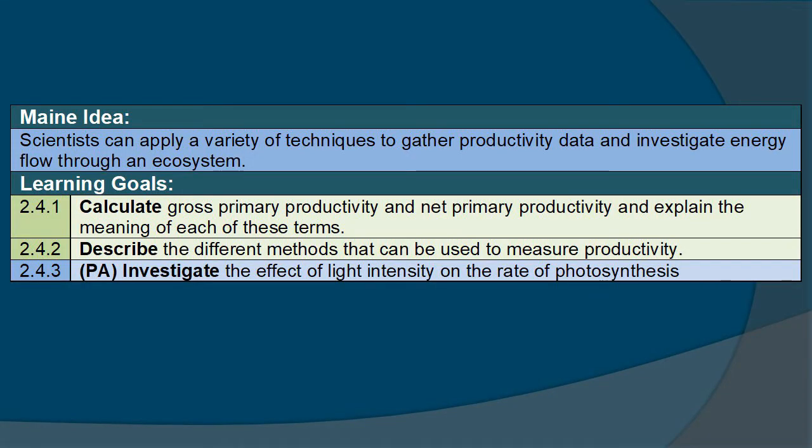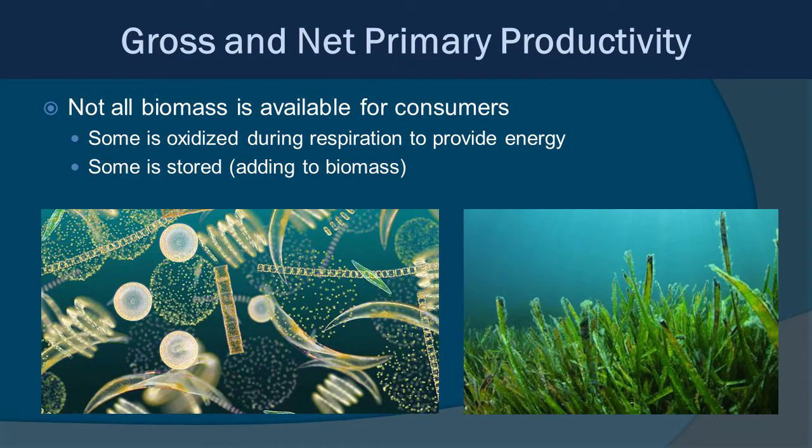Our big ideas here: scientists can apply a variety of techniques to gather productivity data and investigate energy flow through an ecosystem. Now, not all biomass is available for consumers. This is because some is oxidized during respiration to provide energy, and thus that's lost as heat, right?